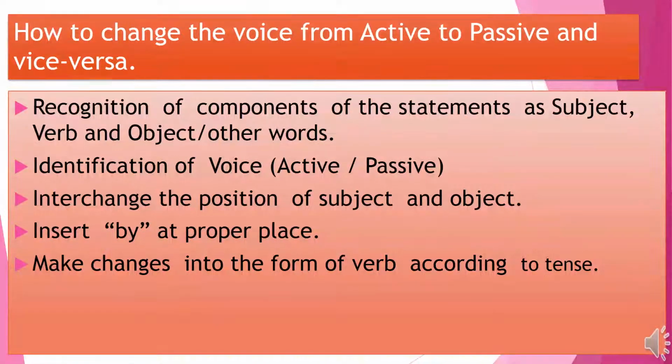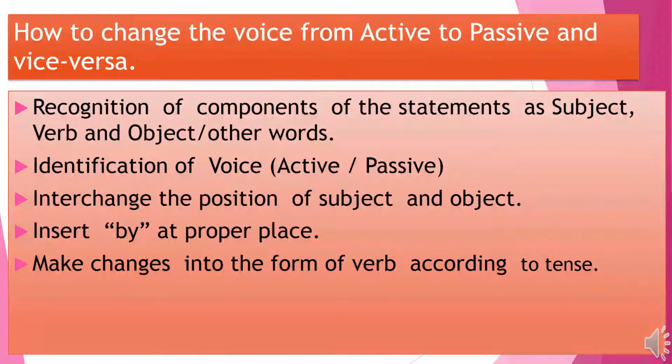At the third step, you have to interchange the position of subject and object. Insert by at the proper place, and then make changes in the form of the verb according to the tense. My dear friends, these are the steps which will help you to change the type of voice.